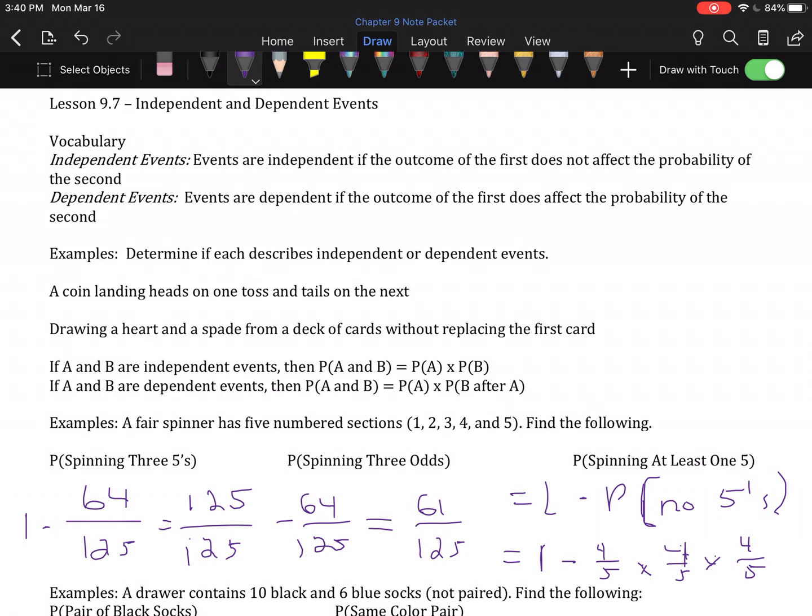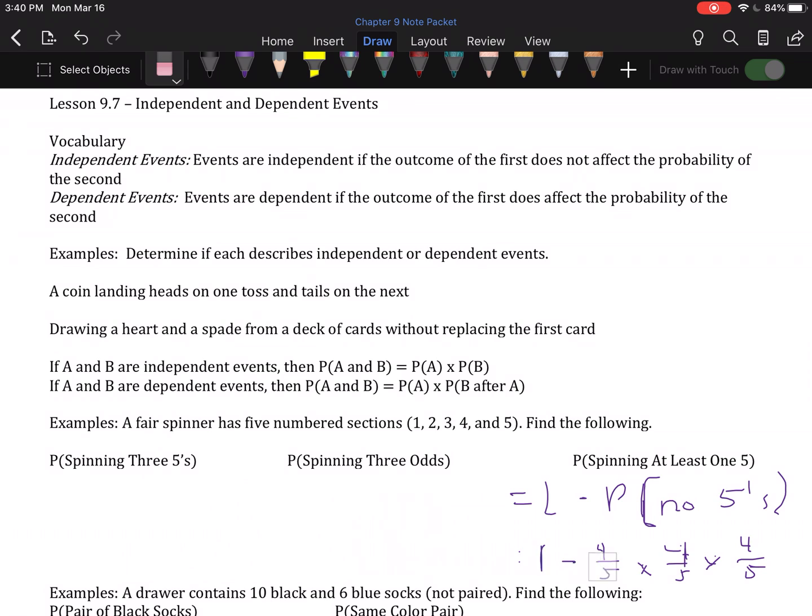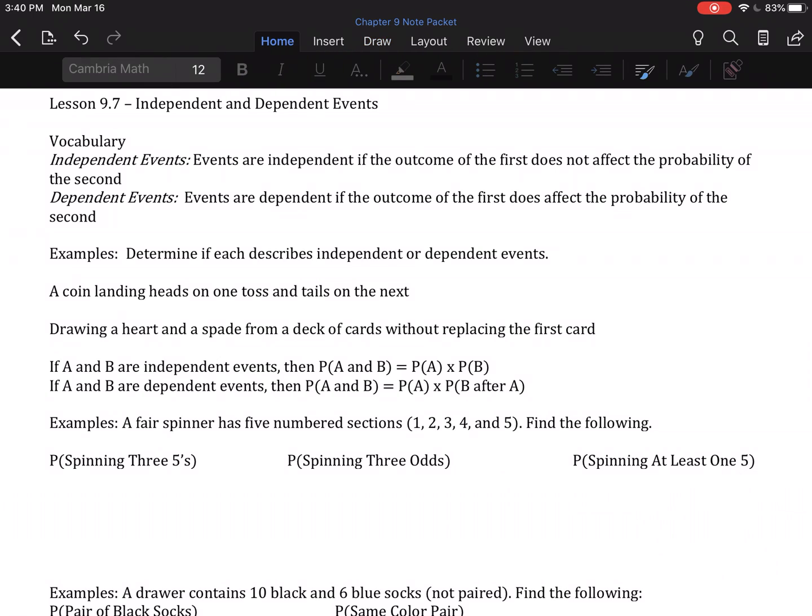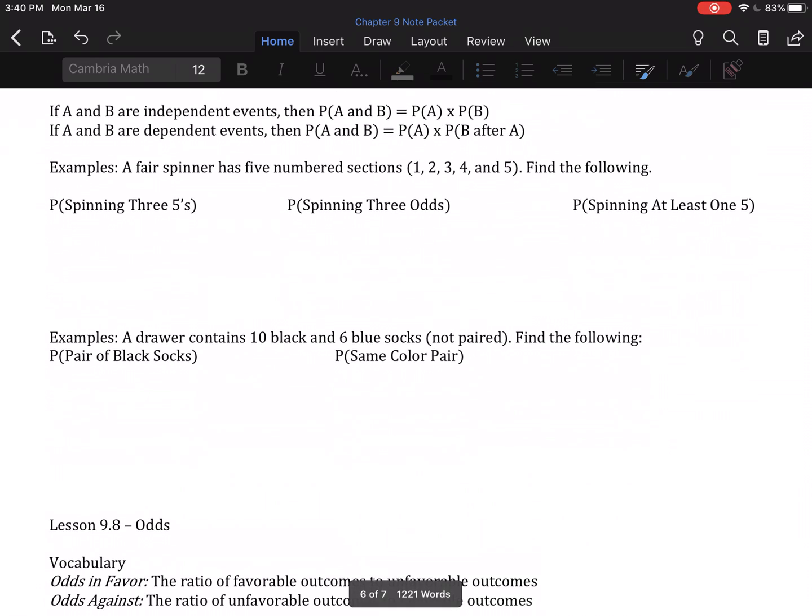And again, I'd probably leave this as a fraction. So those are independent events, where all we have to do is find the probability of each individual event and multiply them all together. The opposite are independent events.